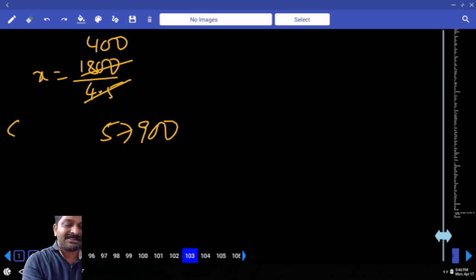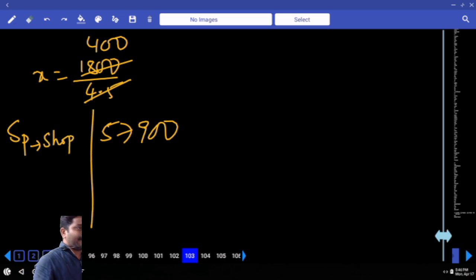Wait a minute. This is the selling price for the shopkeeper. If the question is about cost price towards the shopkeeper, the question is about cost price related to the shopkeeper only. I am not talking about John.